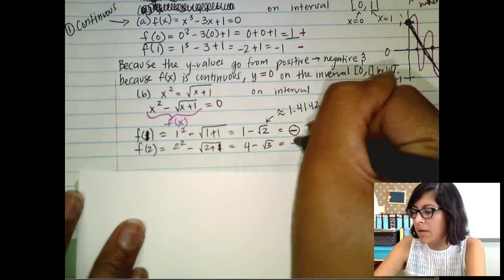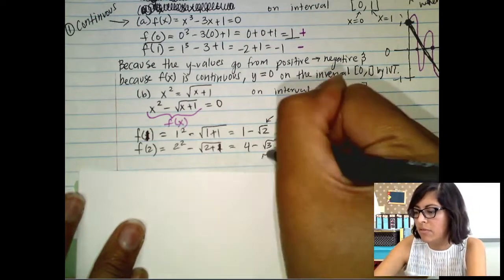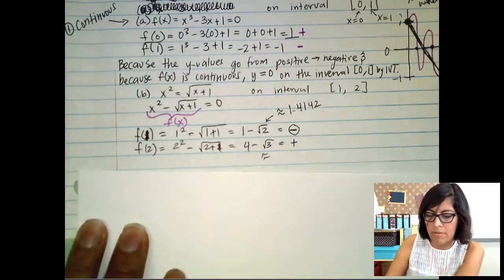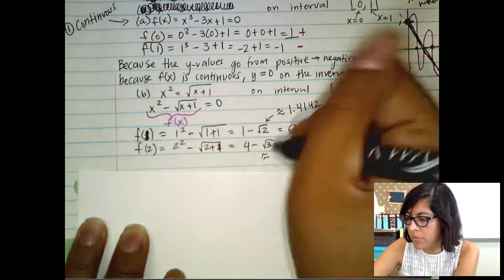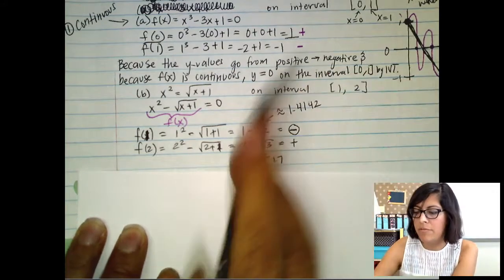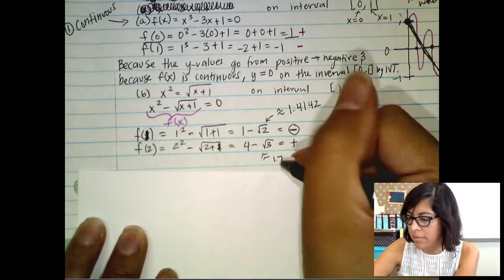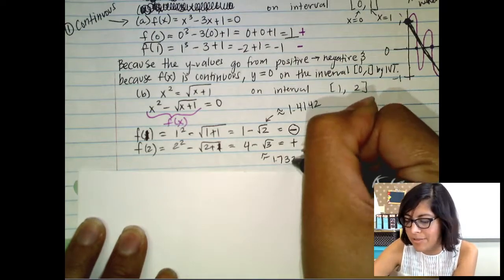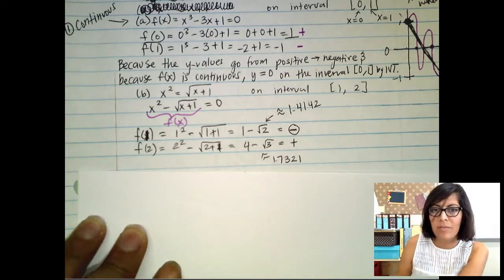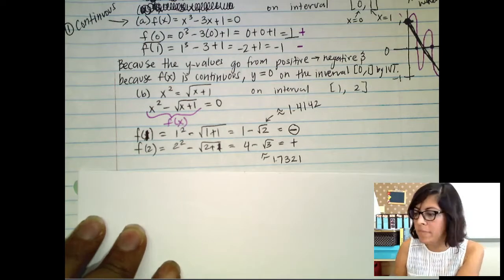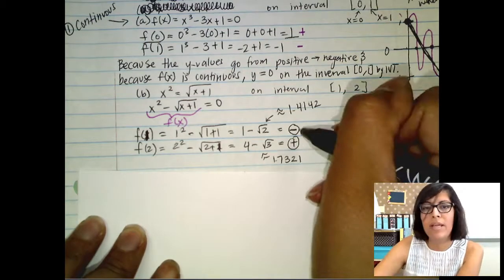So this one's going to be positive. I have my calculator out. It's about 1.7321. So this one's positive. So it goes from negative to positive.